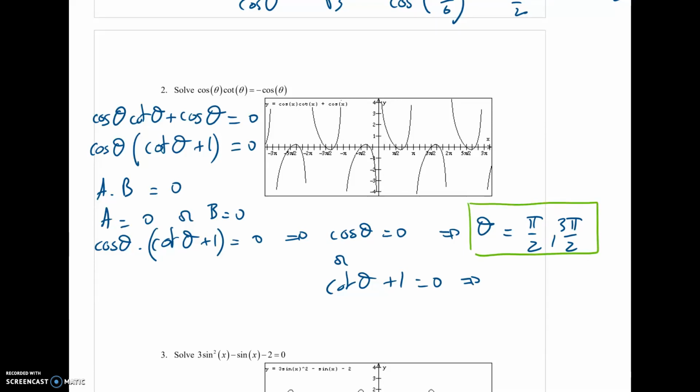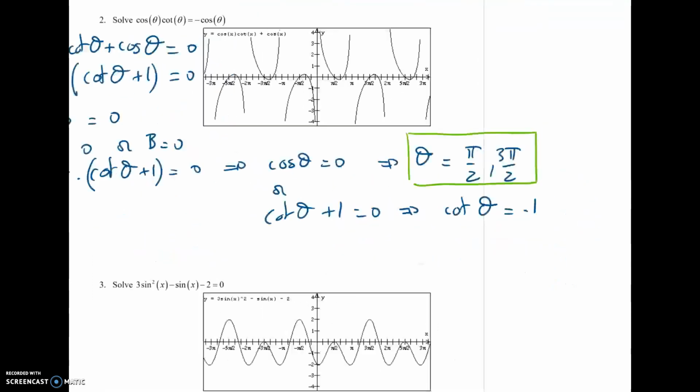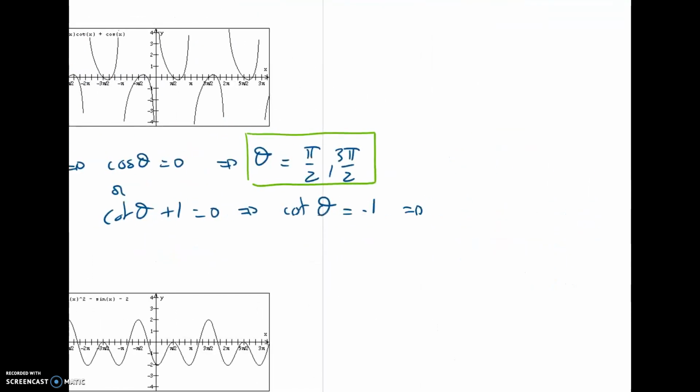Cotangent theta plus 1 equals 0. So we have cotangent theta equal negative 1. And that is going to imply that theta will be equal to 3 pi over 4, 7 pi over 4. Let's stop right here.